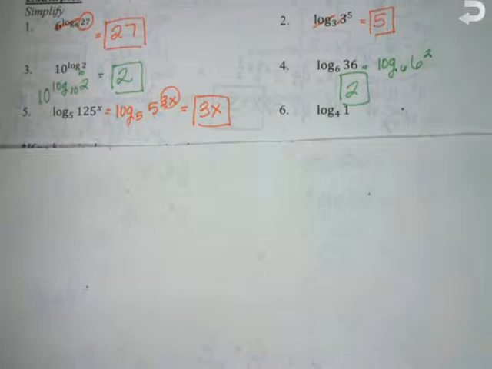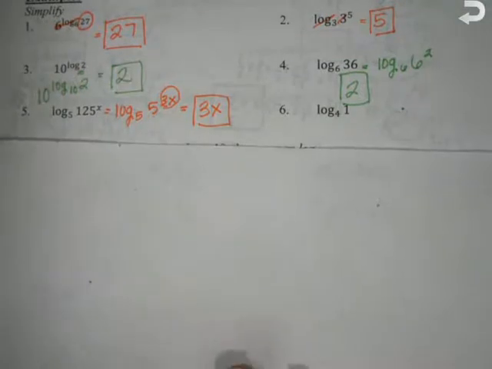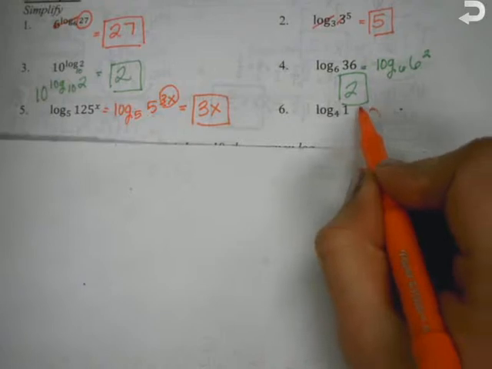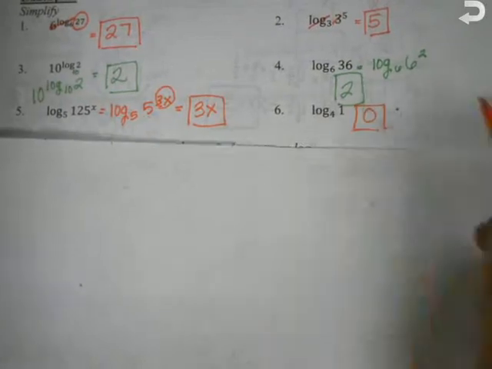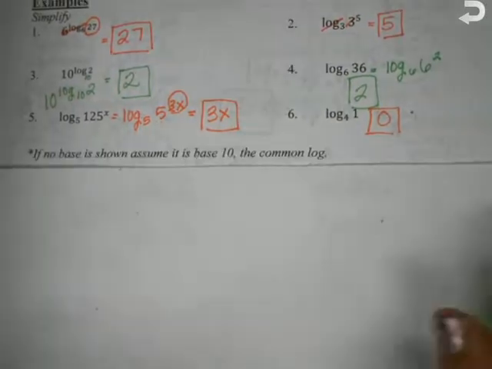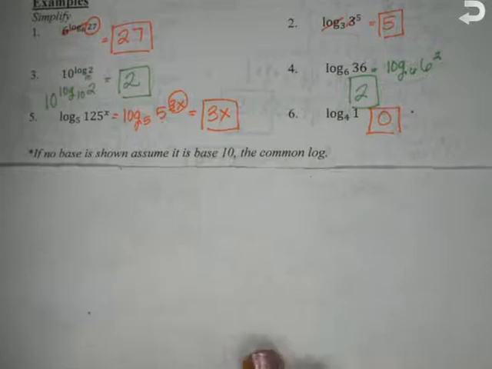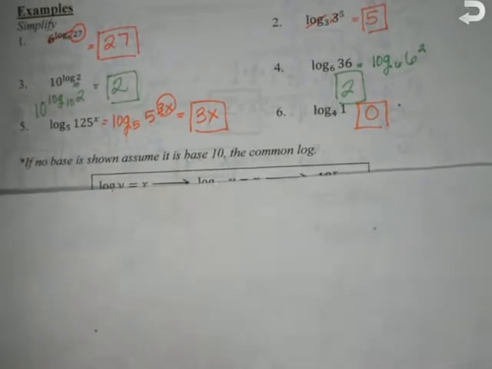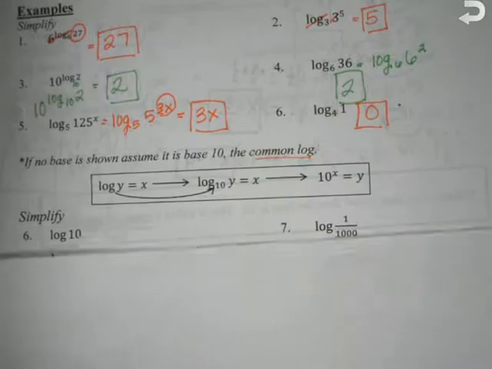And then log base 4 of 1 is always going to give me a 0, which we learned yesterday. As a reminder, if there is no base shown, we assume it's base 10, and that was called the common log.